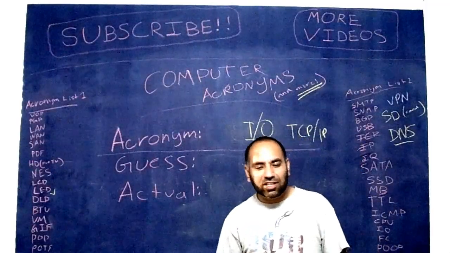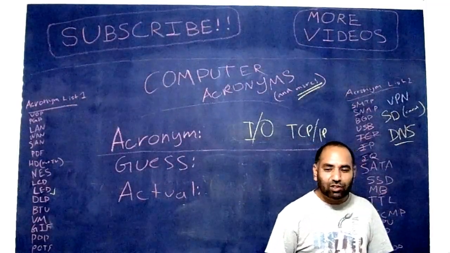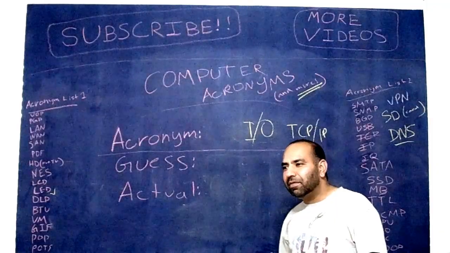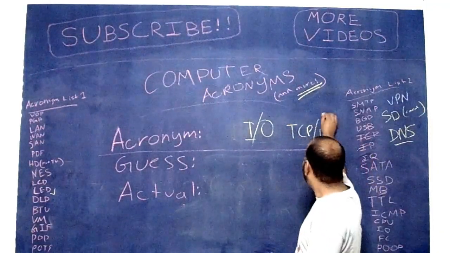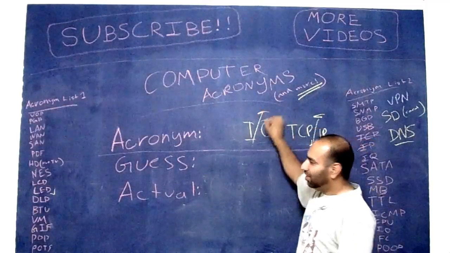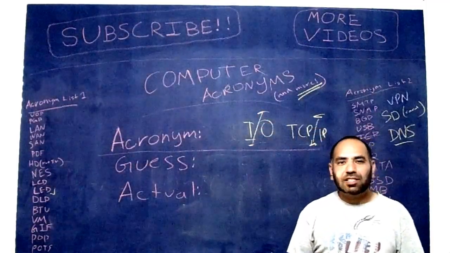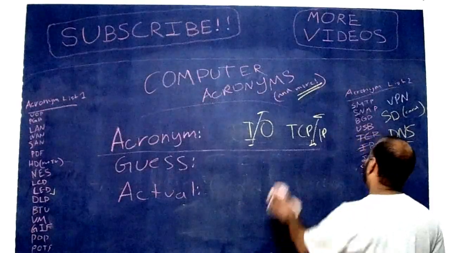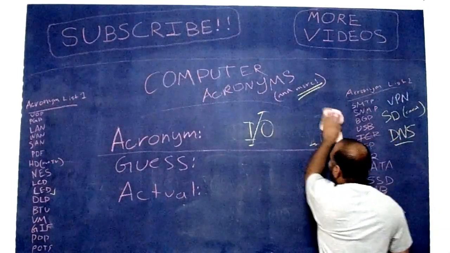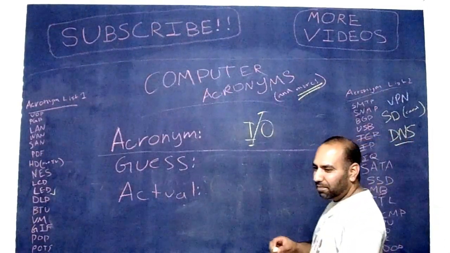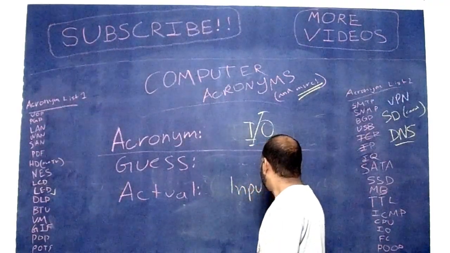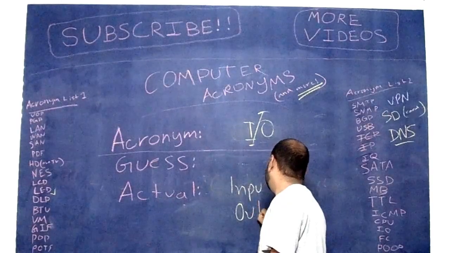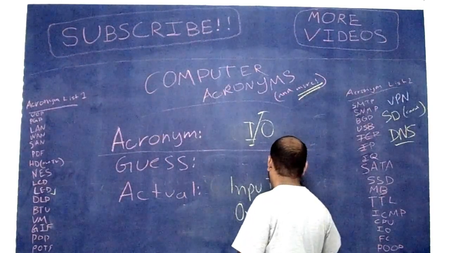These are tricky things you can ask your friends. Hey, could you spell TCP/IP for me? And if they don't say out the word slash, they have officially misspelled TCP/IP. That's funny. So we got I/O. Input, output.